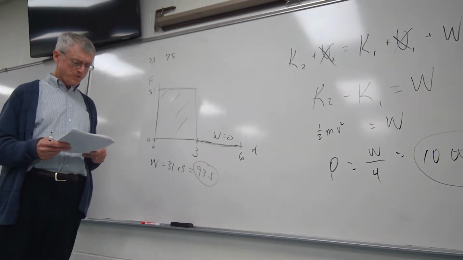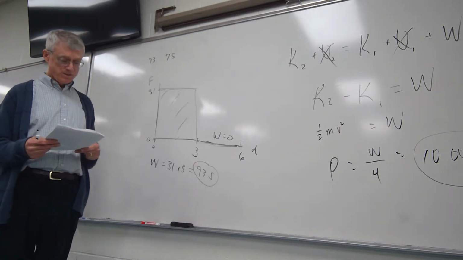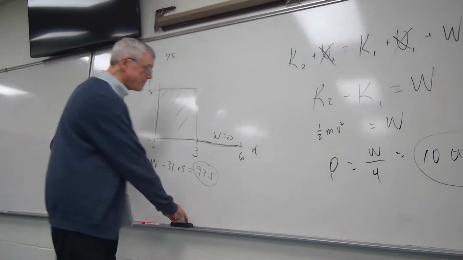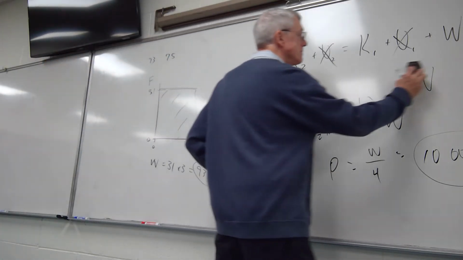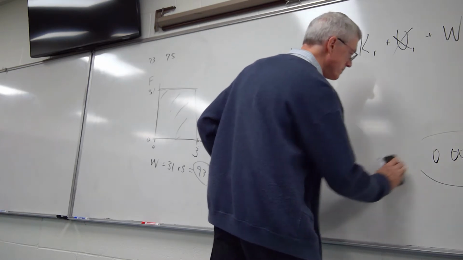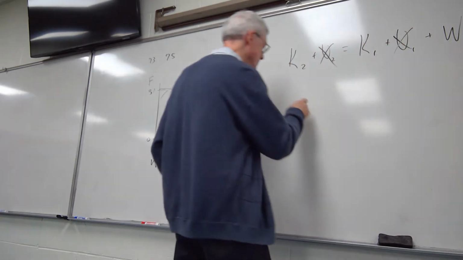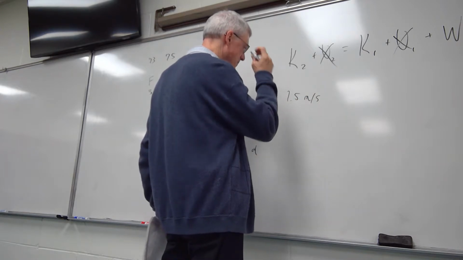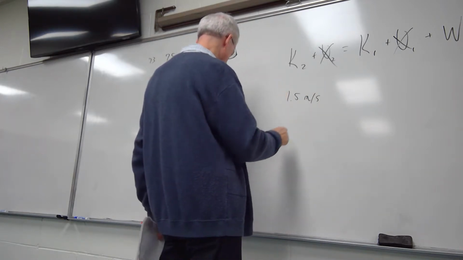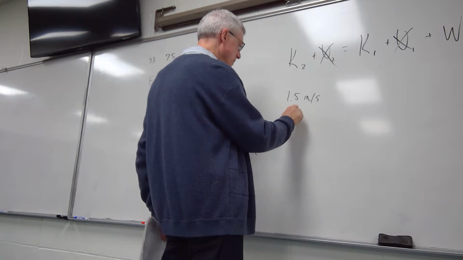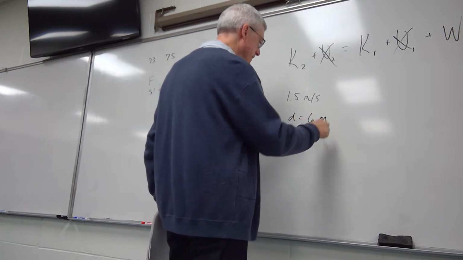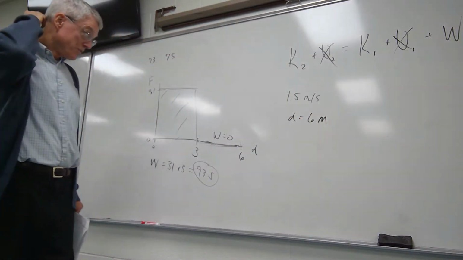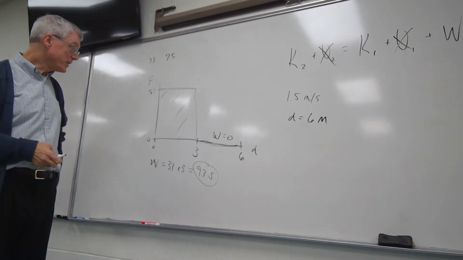And then there was another question, is that right? Yes. All right, what's part C? If the initial speed of the skater is 1.5 meters per second when S equals 0 meters, what is the speed when S equals 6 meters? Okay, so by the time the skater has moved 6 meters, what's the speed?